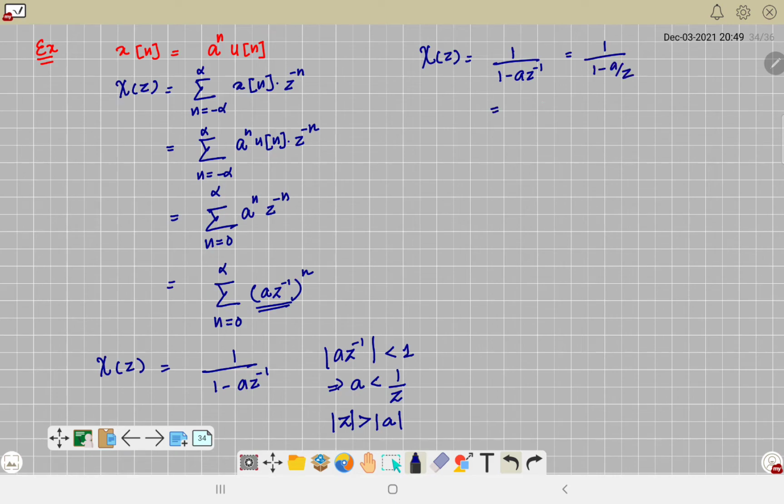If you simplify it, it will be z divided by z minus a, with the region of convergence that magnitude of z should be greater than magnitude of a.